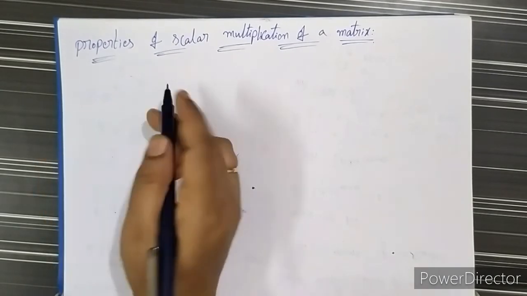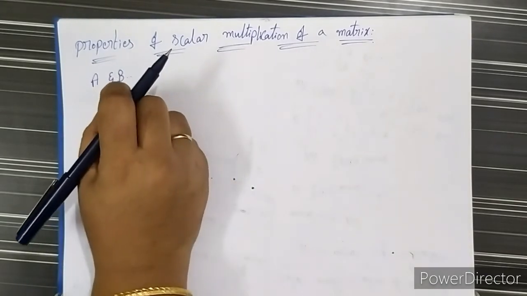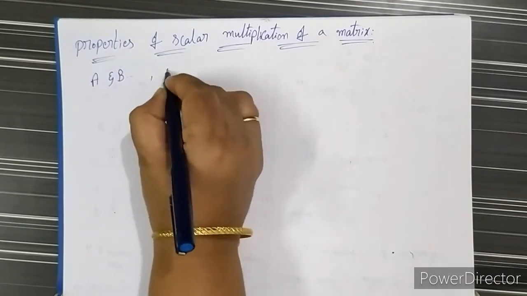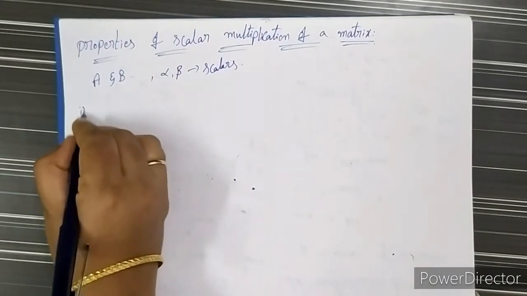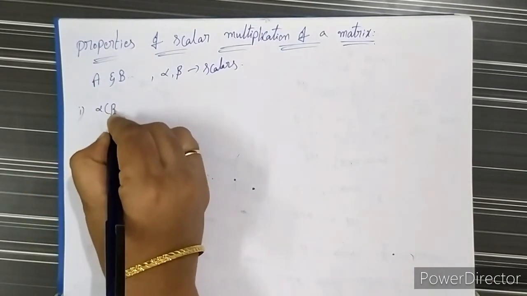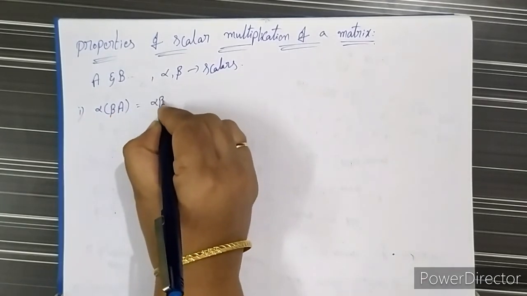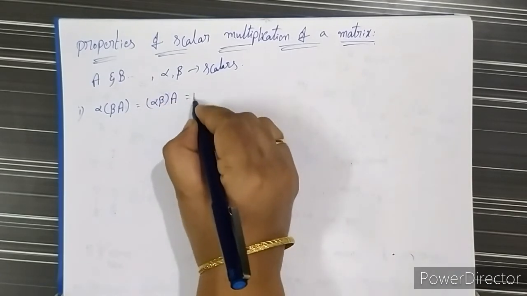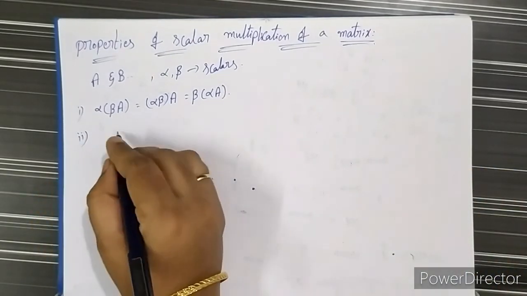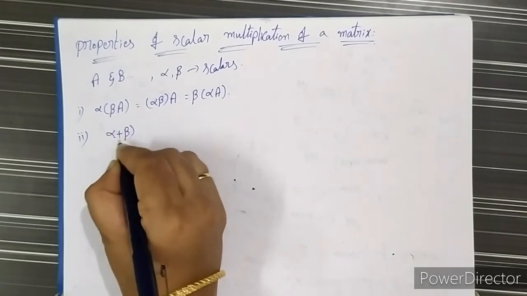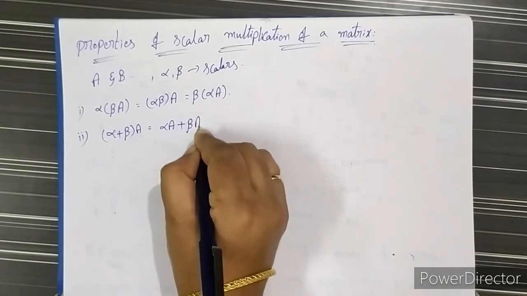Let A and B be any two matrices of the same order and alpha, beta be any scalars. Then the properties are: first, alpha into beta A, where A is the matrix and alpha and beta are the scalars, then alpha beta into A is equal to beta into alpha A. The second property is alpha plus beta into A is equal to alpha A plus beta A.